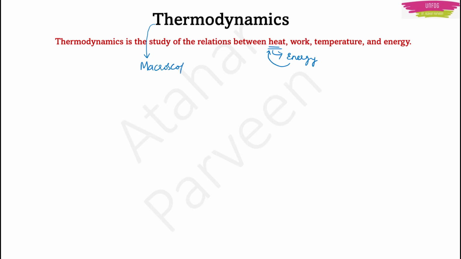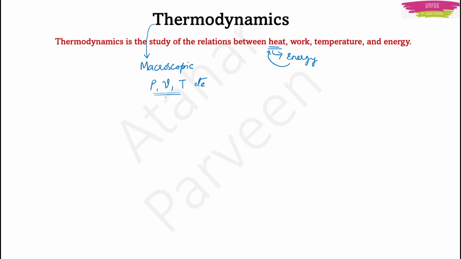Macroscopic variables means those variables which we can apply in our daily life. They are pressure, volume and temperature, etc. Actually, many more are there which I don't want to talk about because we don't want to go out of the portion, right? So for us, the macroscopic variables are pressure, volume and temperature, with the help of which we can describe the state of a gas using thermodynamics.